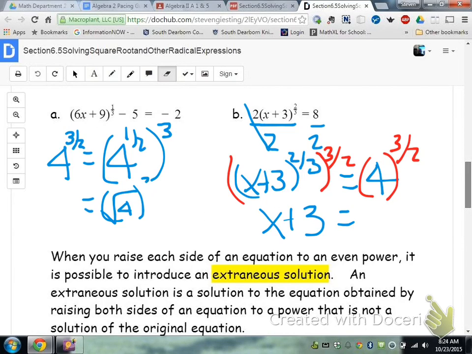It is the square root of 4. Square root of 4 is what, guys? And then 2 cubed becomes 8. Nice. So x, in fact, would equal 5.